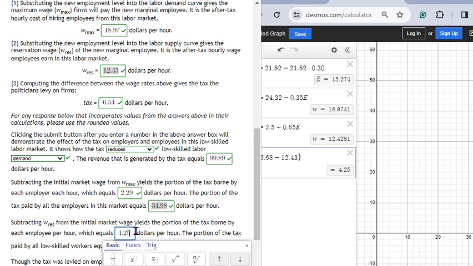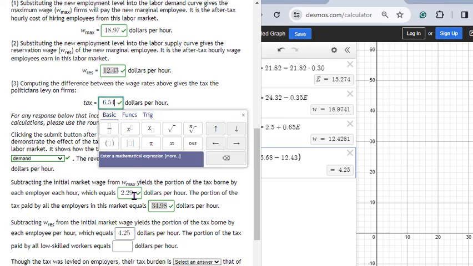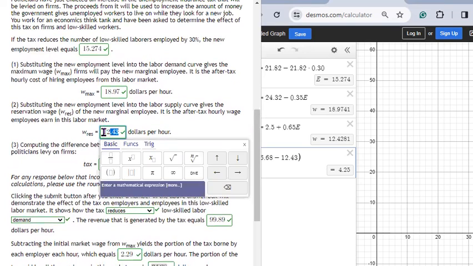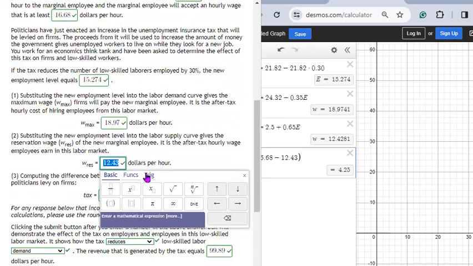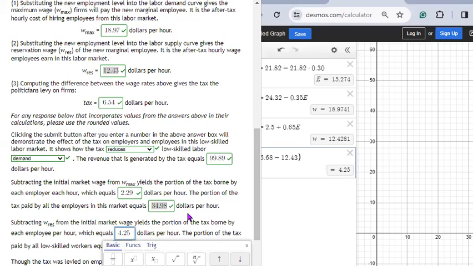$4.25. So I can take the difference of these two, or I can take the difference of this and the initial equilibrium wage. And either way, I get 4.25. So although the employees aren't writing the check to the government, the employers are, the firms are.